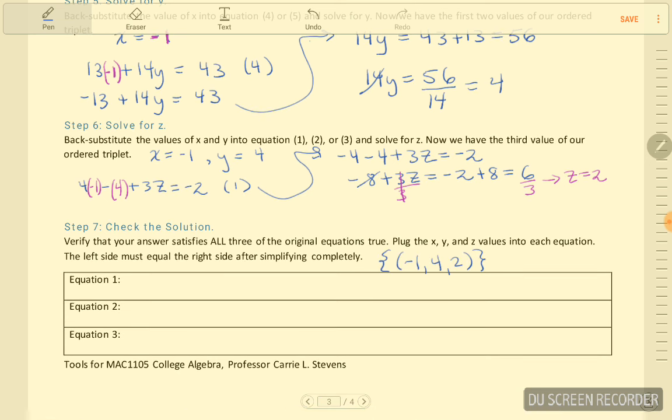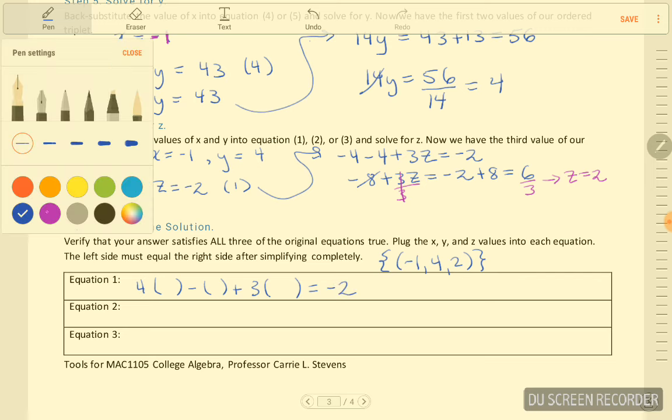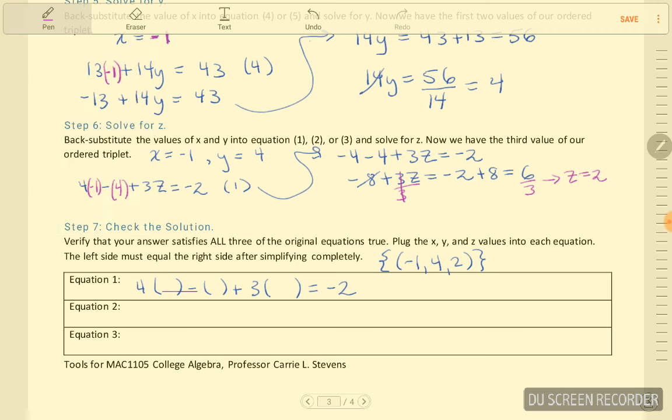So with my first equation, which was 4 times x minus y plus 3z equals -2, I need to verify that by plugging in the -1, the 4, and the 2, and making sure that I get a true statement when I simplify.